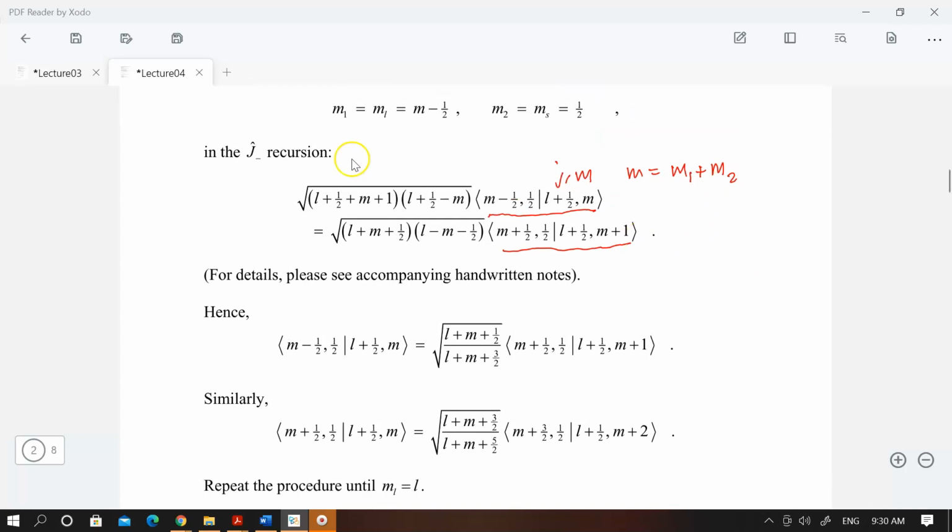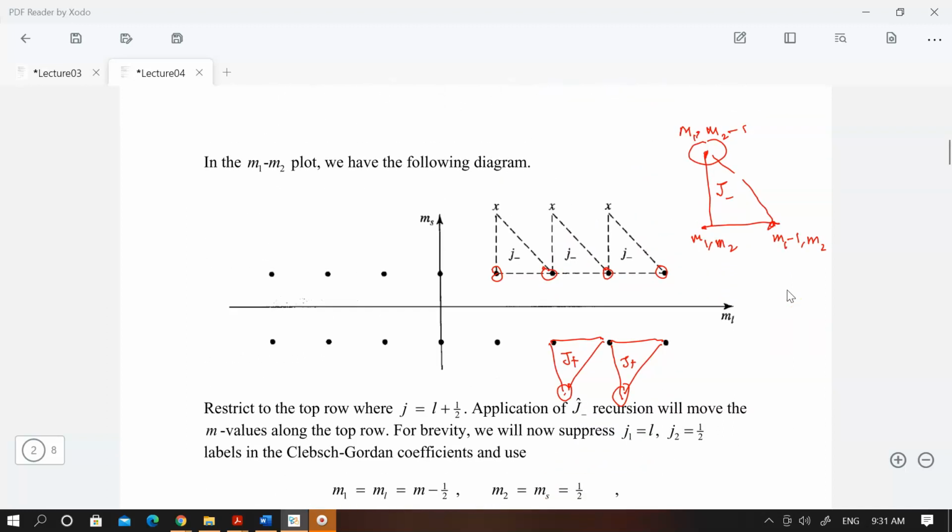Okay, never mind. So you can see that this is just a rearranging of the first equation, and you can see what happens over here. Your m values get increased. So in other words, your lower m value is going from some point over here until it gets to the topmost.